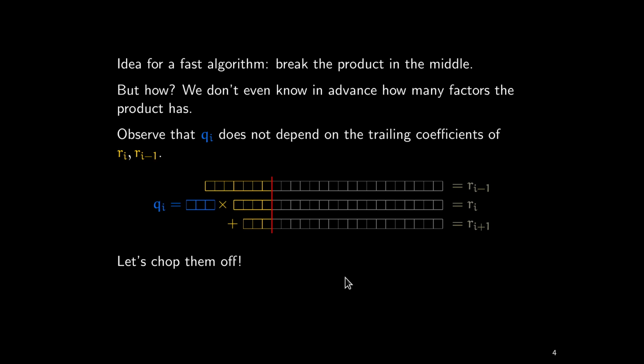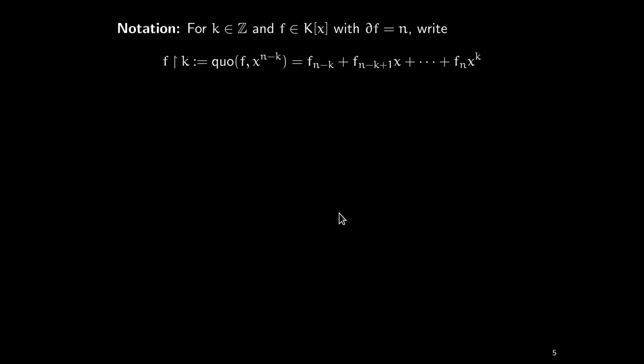So in order to formalize this, let's introduce a bit of notation. Here I define, for an integer k and a polynomial f of degree n, what it means to chop. So I define this operation. This symbol here looks a little bit like a knife.